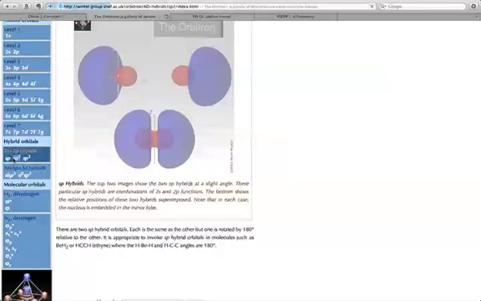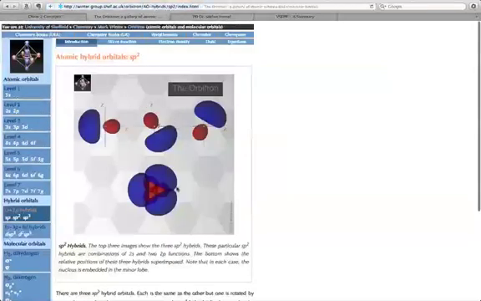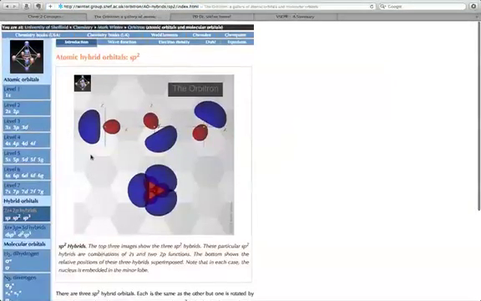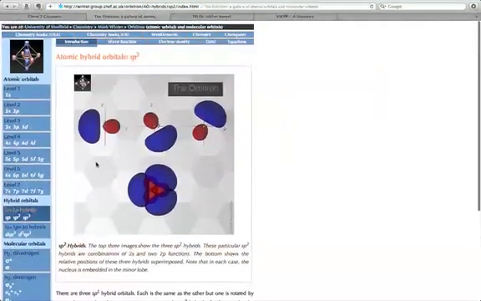If you take an s and 2 p's, an s and a p and another p, and you combine them, you get 3 new orbitals that, again, are all distributed at 120 degrees from one another. Notice what I just said. We had one that was distributed at 180 degrees, and now we have another that's distributed at 120 degrees from one another.